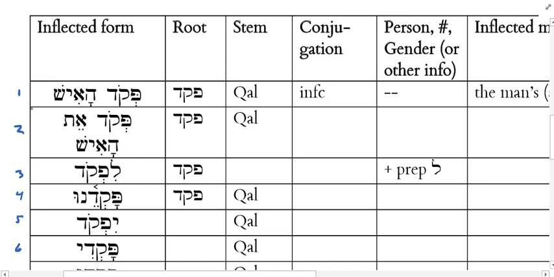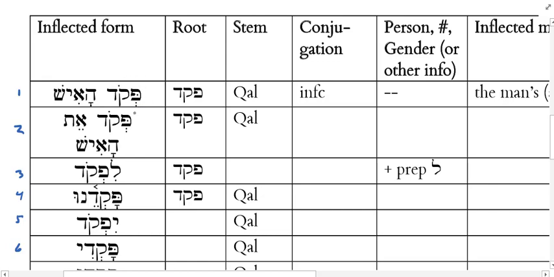So let's look at numbers 1 and 2 here. Number 1, I have pakod ha'ish. Look at the form here. In and of itself, could pakod be a cal infinitive construct? It could, right?